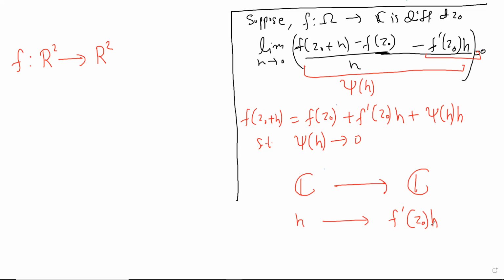So this multiplication by h is a function from C to C. The goal is to understand this in terms of matrices. What does it mean in terms of matrices? Soon we will have a very good description of this in terms of partial derivatives. Partial derivatives are very simple; people might already know it.